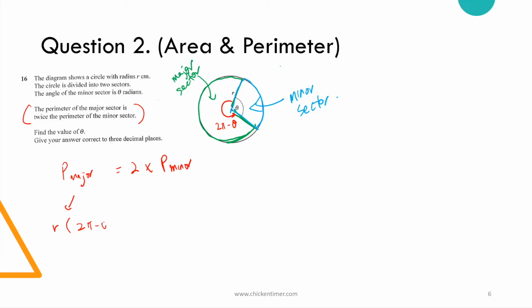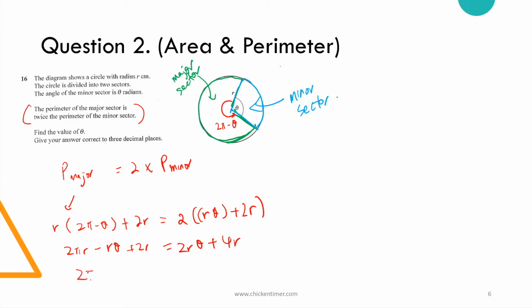So r(2 pi minus theta) plus 2r equals 2 times r theta plus 2r. Then we'll simplify: 2 pi r minus r theta plus 2r equals 2r theta plus 4r.